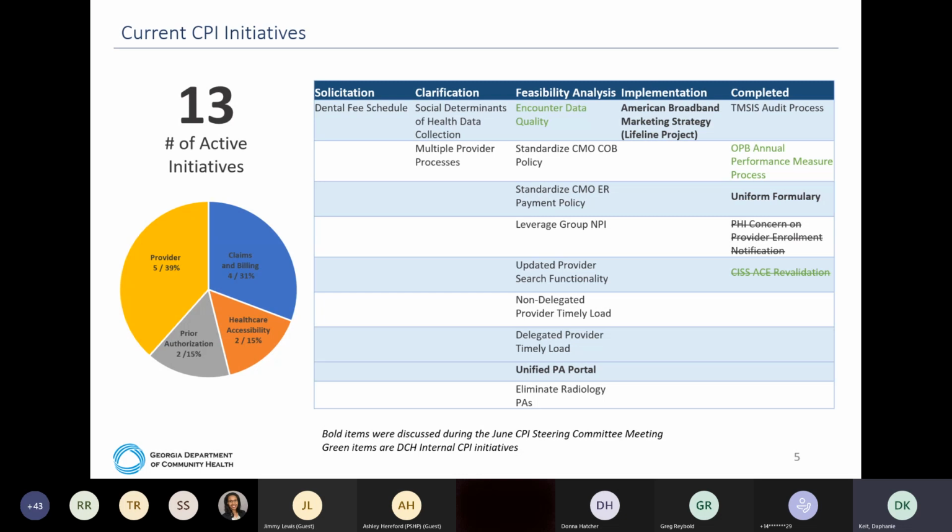The vendor we are working with is CNSI, and out of the work over the last 3 months from the Provider group came pain points that related to wanting to leverage group MPI through our provider enrollment process, as well as creating a more up-to-date and easier to use provider search functionality through our provider module. So those items have been given to CNSI.